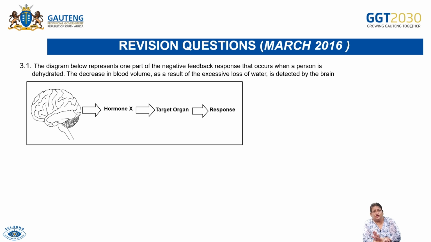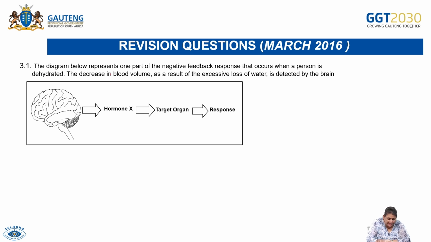ADH always has to do with water. Hormone ADH is going to go to the target organ. What is the target organ? The kidney tubules. And what is it going to respond and do? The kidney tubules are going to become more permeable to water due to ADH, and more water is going to be reabsorbed. That is the response.